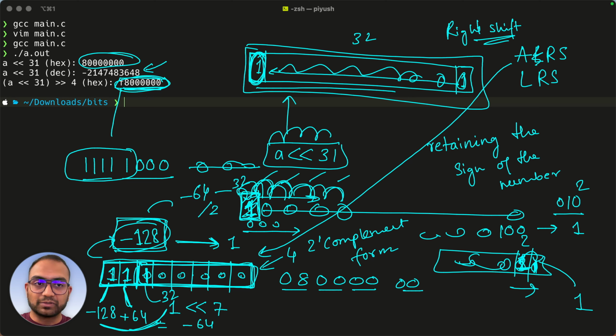In case of signed numbers, when you move things to the right, the sign bit is preserved. And it is preserved just because the mathematics of division and multiplication makes sense. When we move to the right, divide by 2. When we move to the left, multiply by 2.